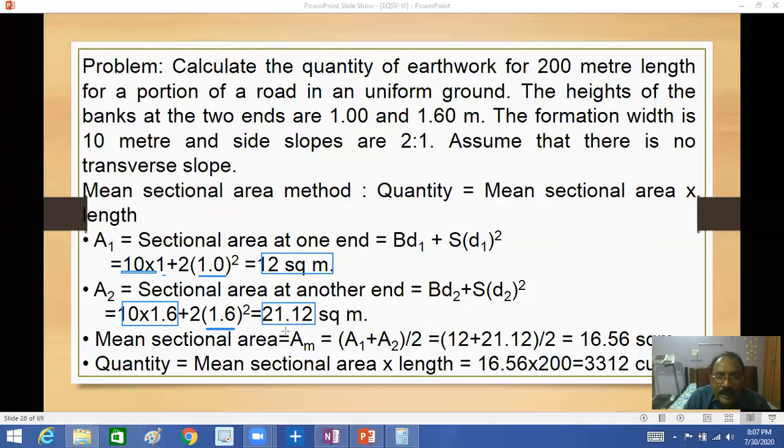What is the average? A1 plus A2 by 2, that is 12 plus 21.12 by 2. You will get 16.56 square meters. Area into length gives the quantity. The mean sectional area into length gives you 3,312 cubic meters. Like these problems, you have to do a number of problems.